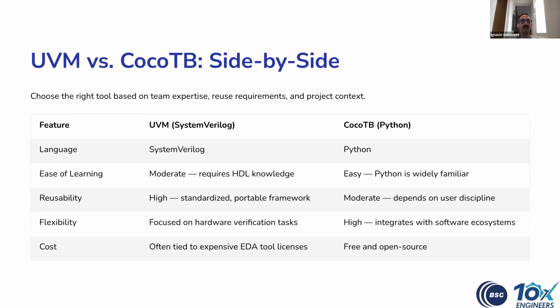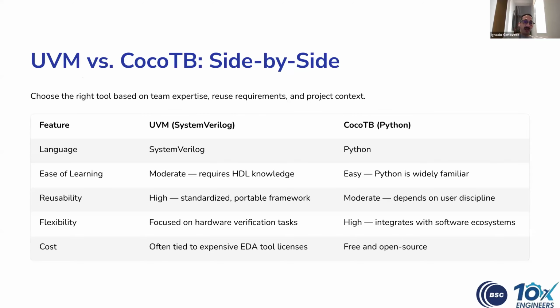Here we can see a trade-off between UVM and CocoTB. UVM offers maximum reusability and standardization, but with high complexity, and is often tied to expensive EDA simulators, while CocoTB offers ease of use and software integration, but its reusability depends mostly on the discipline of the user. It doesn't provide a standard methodology.